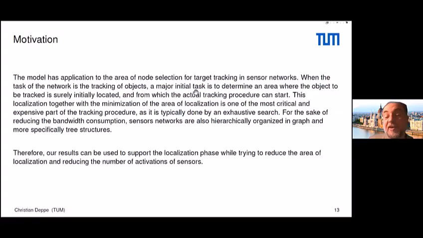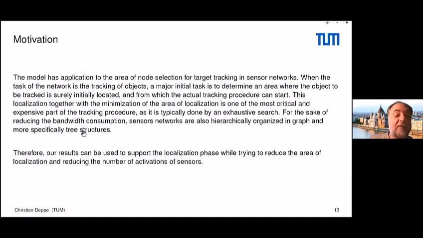A major initial task is to determine an area where the object to be tracked is surely initially located, and from which the actual tracking procedure can start. This localization, together with minimizing the area of localization, is one of the most critical and expensive parts of the tracking procedure, as it is typically done by an exhaustive search.